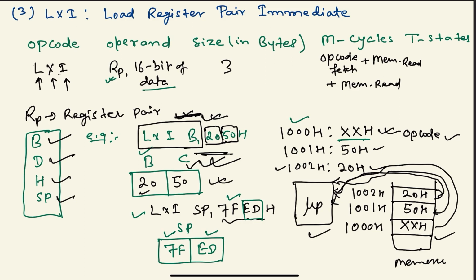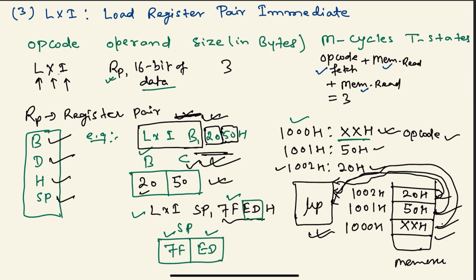So how many times the microprocessor is accessing this memory chip for the complete execution of this instruction gives the number of machine cycles. The microprocessor is accessing this memory chip 3 times, so the total number of machine cycles must be equal to 3, and those operations are called opcode fetch, memory read, memory read.